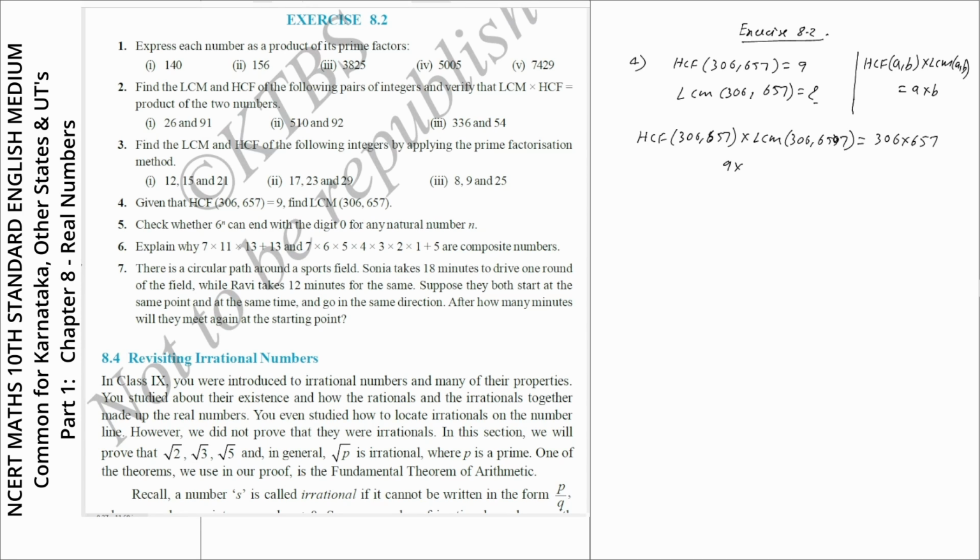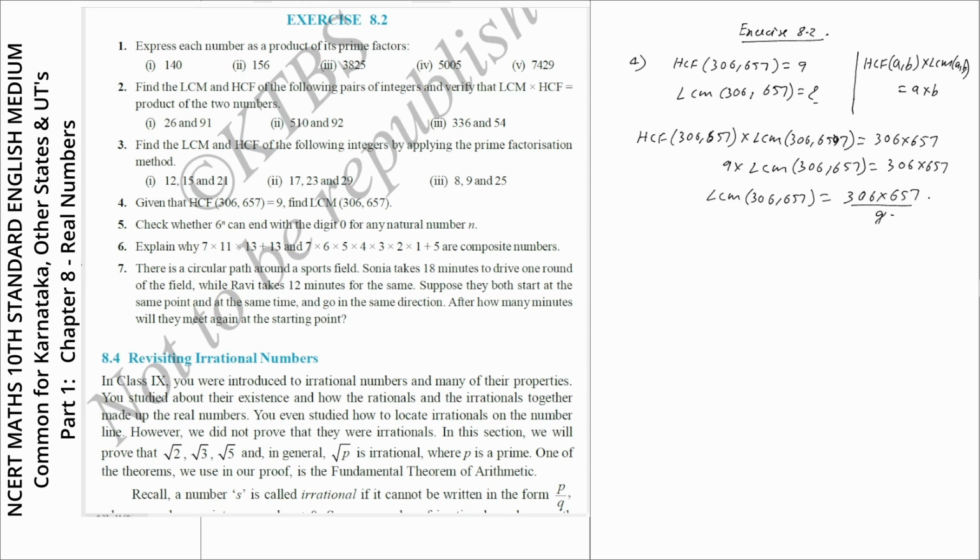So 9 into LCM of 306, 657 is equal to 306 into 657. Therefore LCM of 306, 657 is equal to 306 into 657 divided by 9. I am bringing this 9 which is there in the left hand side to the right hand side. If I bring it to the right hand side, it will come to the denominator.